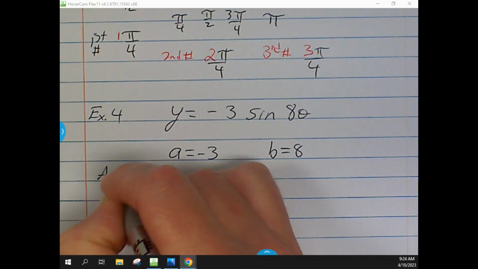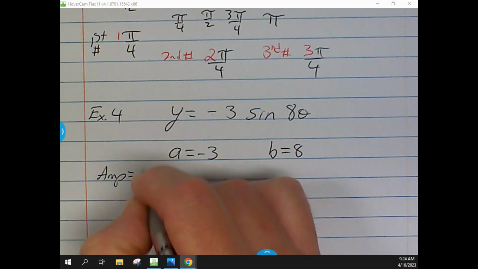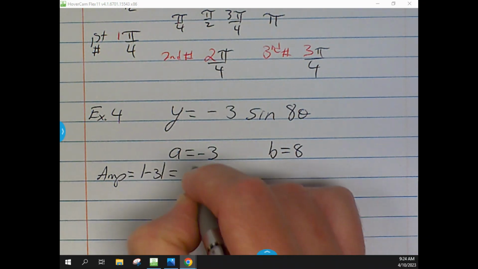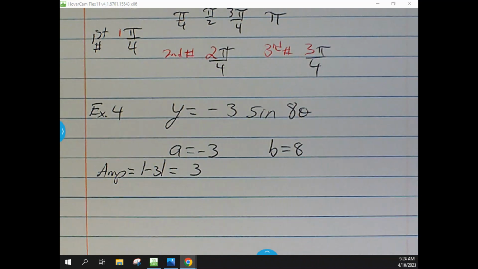Again, for amplitude, this is one time where the amplitude is a little different than your A value. If you take the absolute value of -3, your amplitude is just 3.